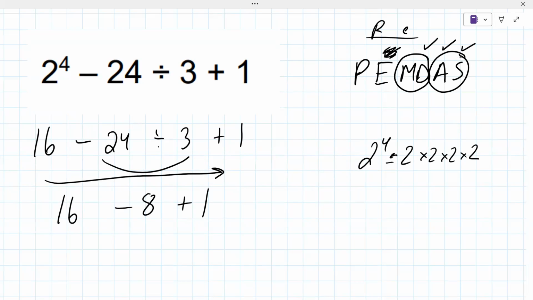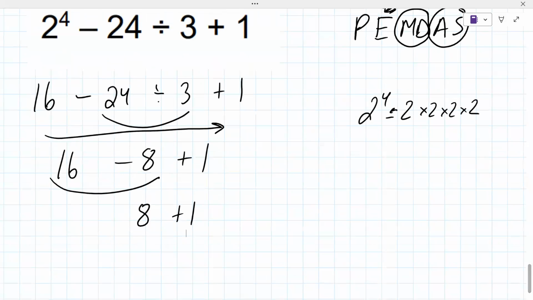Could you finish off this problem? What is 16 minus 8? 8. Plus 1. So 9. 9, good.